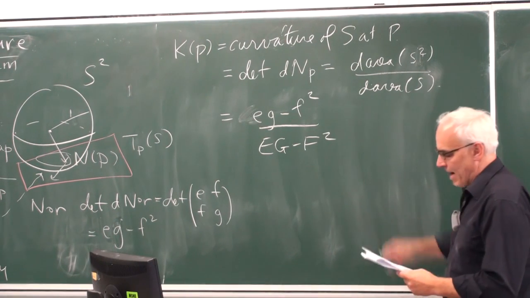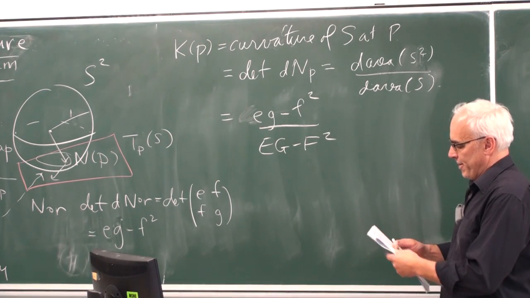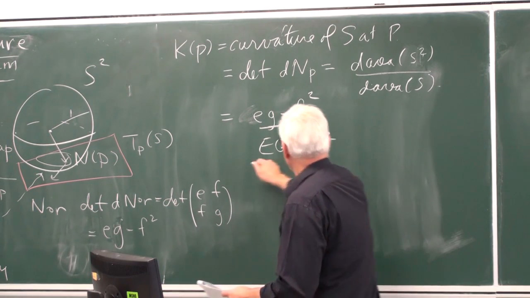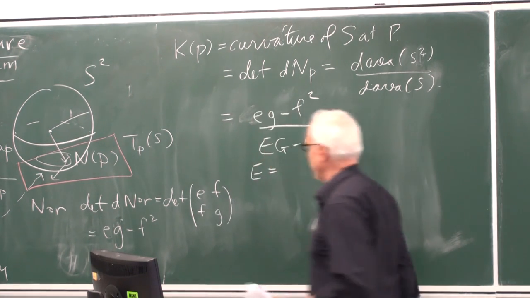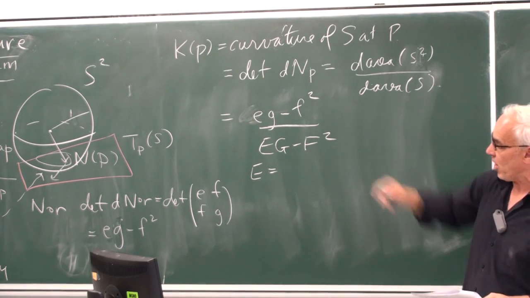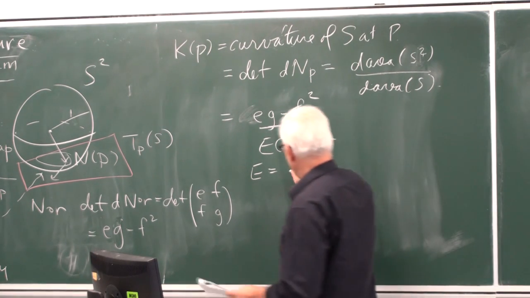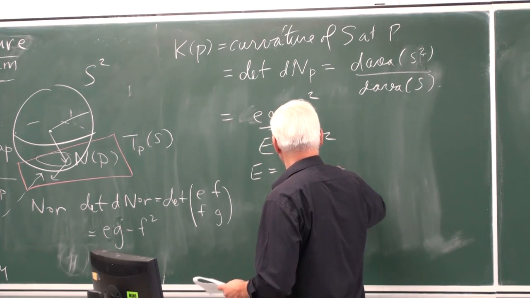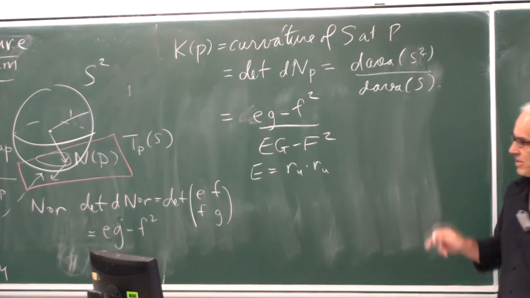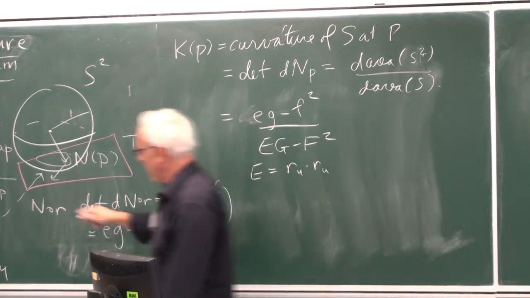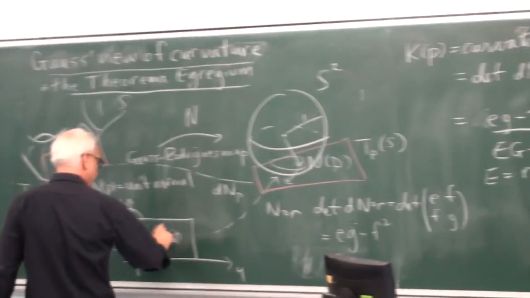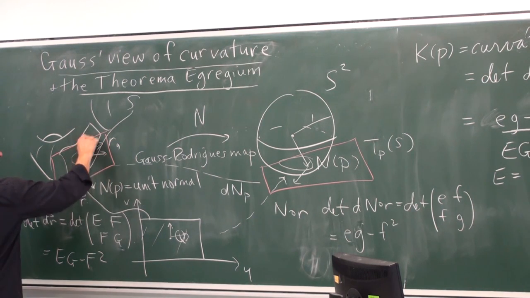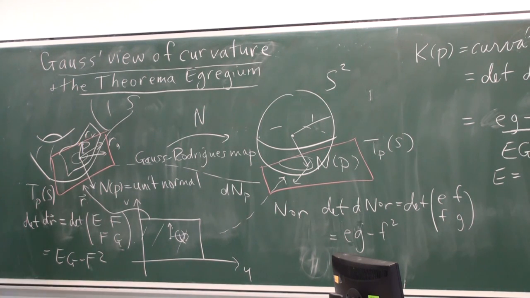Okay, so what are these numbers actually? First of all, they're all in terms of the derivatives of this R map. So E was R sub U dot R sub U. We're taking the partial derivative of this R in the U direction, and we're getting two vectors, R sub U and R sub V, over in this tangent plane.